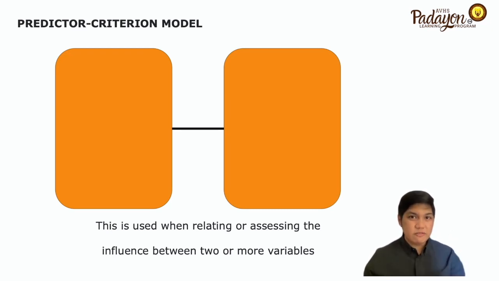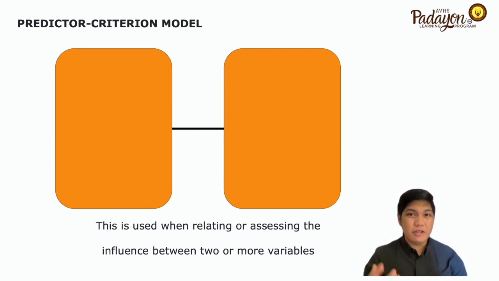Basically, your first variable or your predictor variable and your criterion variable are independent of each other. It's just a matter of finding the relationship between your predictor variable and your criterion variable. We are not controlling anything here, okay? Unlike in experimental, we don't control the dependent variable, but we control the independent variable. Just remember that and you're good to go.